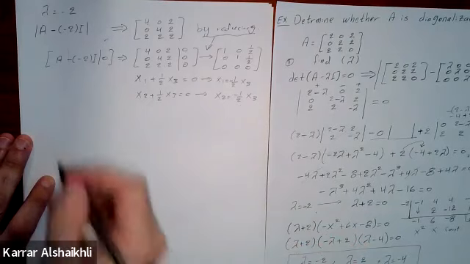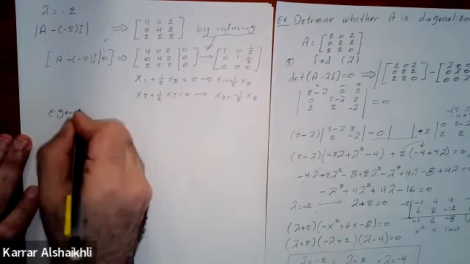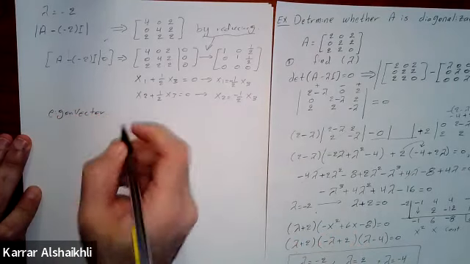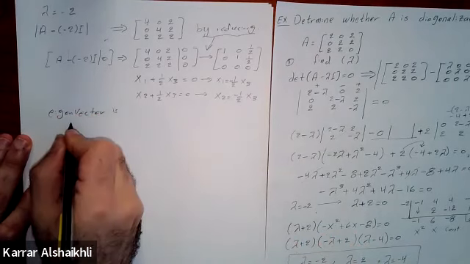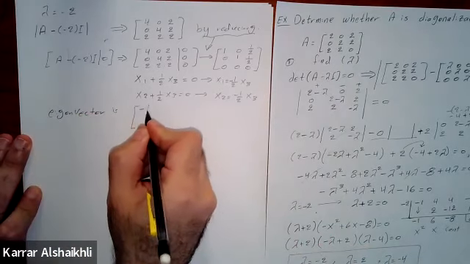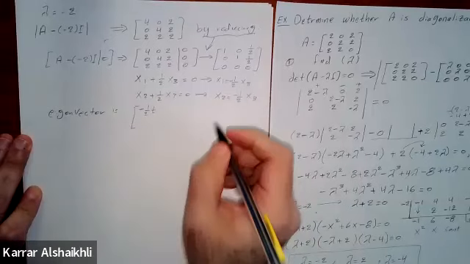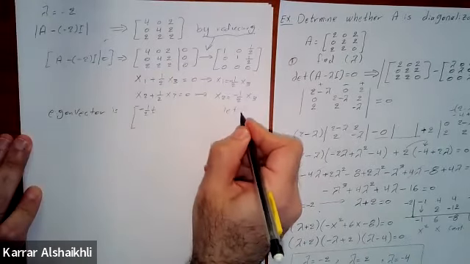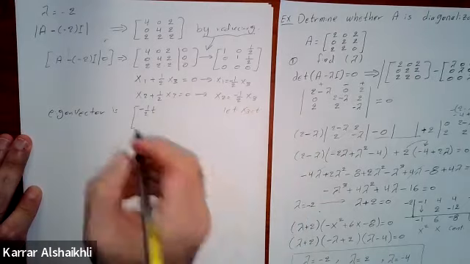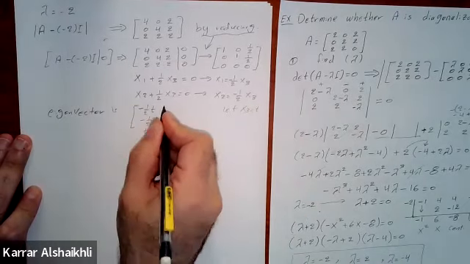Okay? So the eigenvector is negative 1/2 t, by, of course, let x3 equal t. Negative 1/2 t and t.